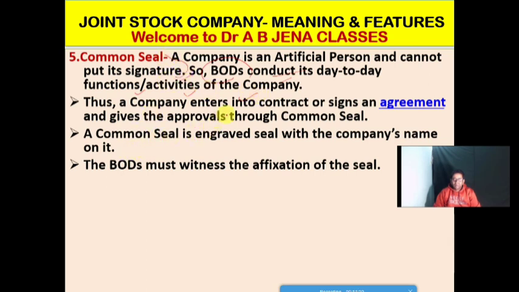Thus, a company enters into contracts or signs agreements and gives approval through the common seal. A common seal is an engraved seal with the company's name on it. The Board of Directors must witness the affixation of the seal.